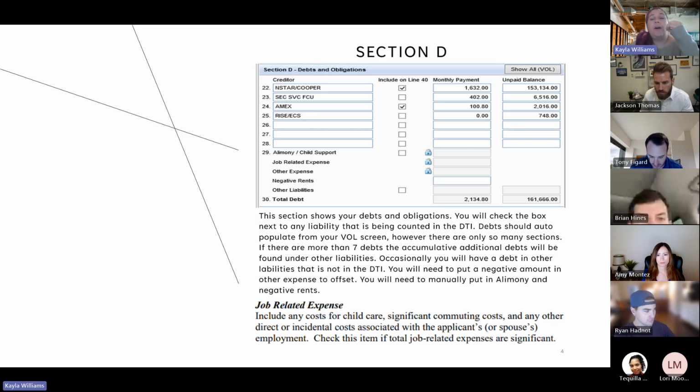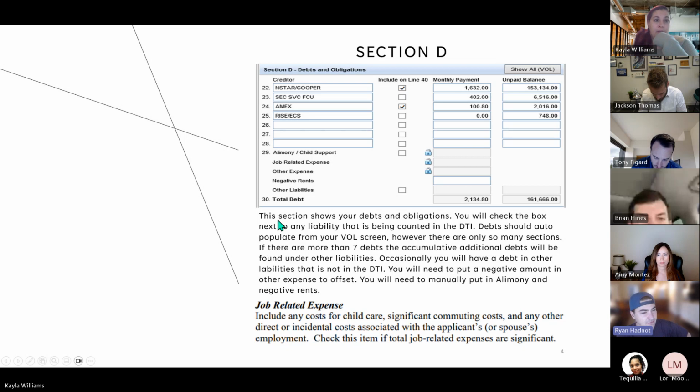So if you have one that's excluded, you're not going to check it. If you're paying something off, you're not going to check it. You will need to add the alimony support, child support, and the negative rents manually. Job-related expenses would be childcare, commuting costs, union dues, anything additional that is marked on the disclosure we send out. There's a specific disclosure that's sent out.